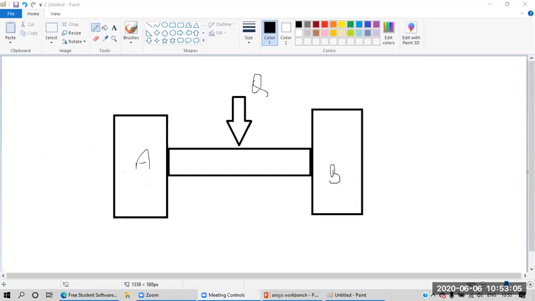Let's suppose I have CAD, a computer aided designing tool like SolidWorks or CATIA. And I have computer aided manufacturing like CNC machining. And now I have computer aided engineering. So in which category does ANSYS lie?